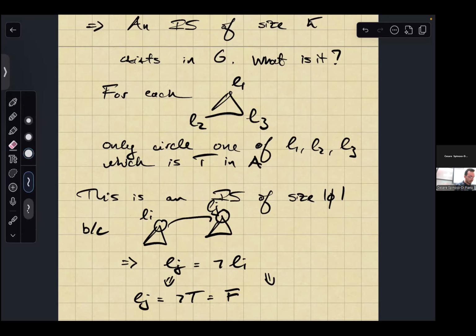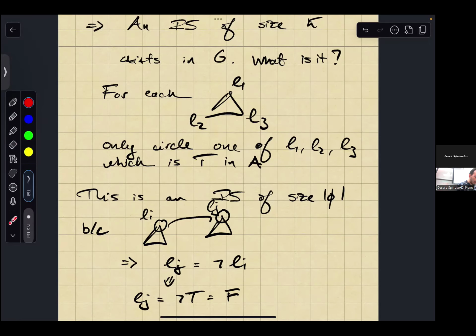Or, Li is, well, it has to be true. Oh, I think this is already a contradiction.